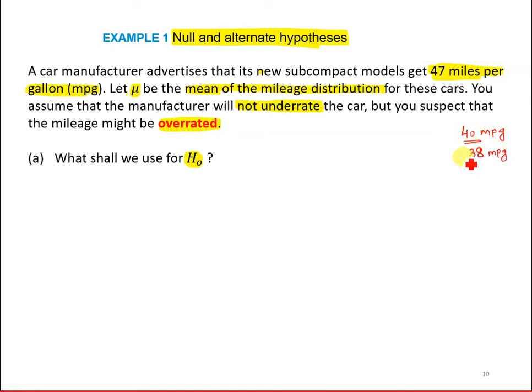So this is the nature of this manufacturer. He always overrates, meaning he always says more than the actual mileage of the car.